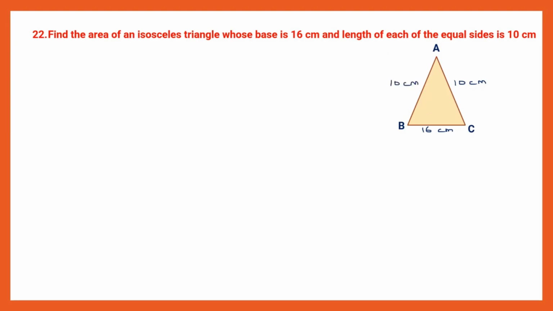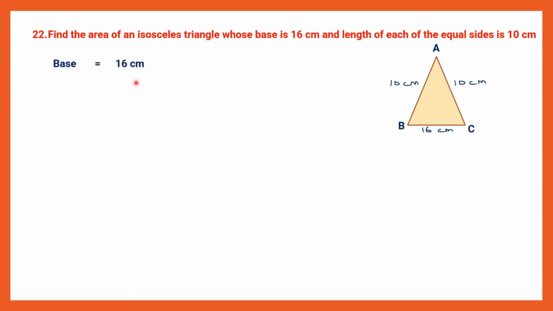Now there are two ways of finding the area of this isosceles triangle. One is you can find the height of this triangle and then apply the formula base into height, or you can use the formula to find the area of an isosceles triangle directly. So now let's write what's given to us.